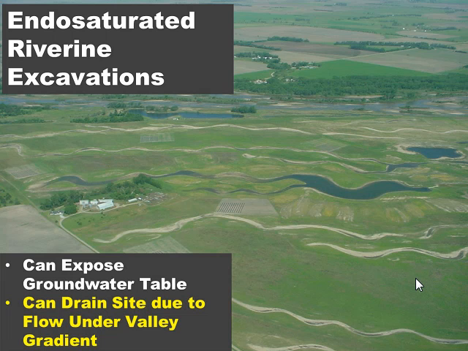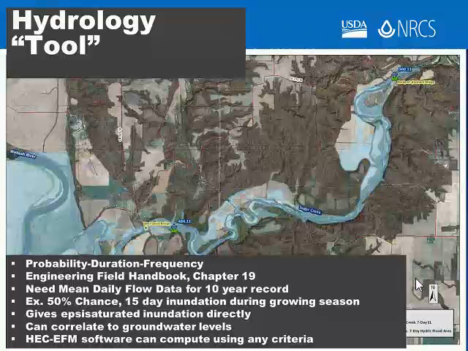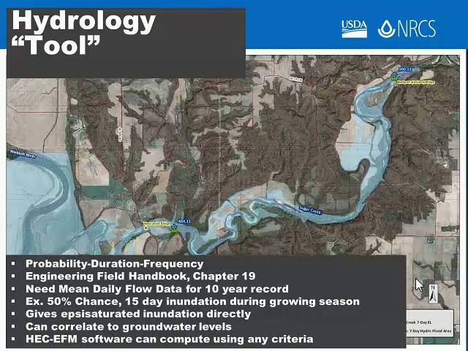Going to get a little bit detailed here. Riverine hydrology can make use of a specific tool which we can reference in Engineering Field Handbook, Chapter 19, and it's called, in short terms, the Stream Inundation Tool.